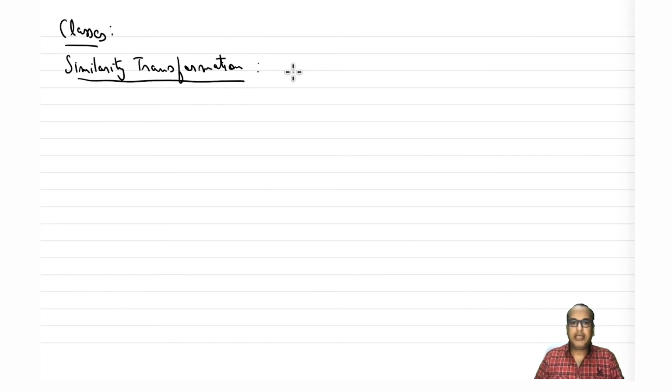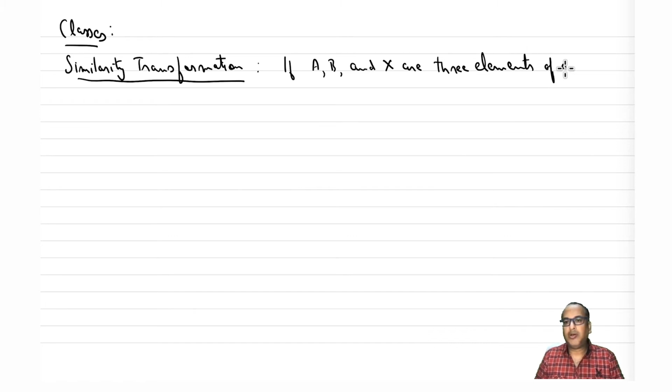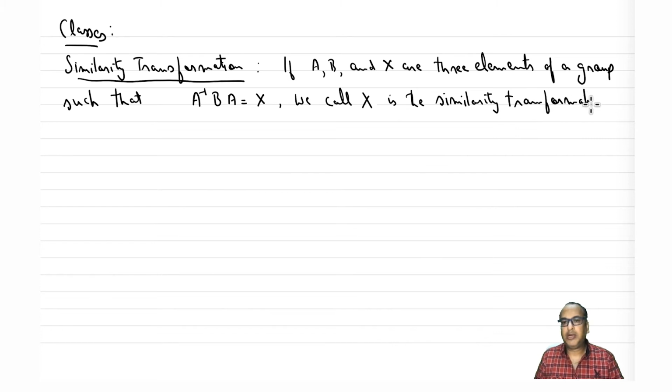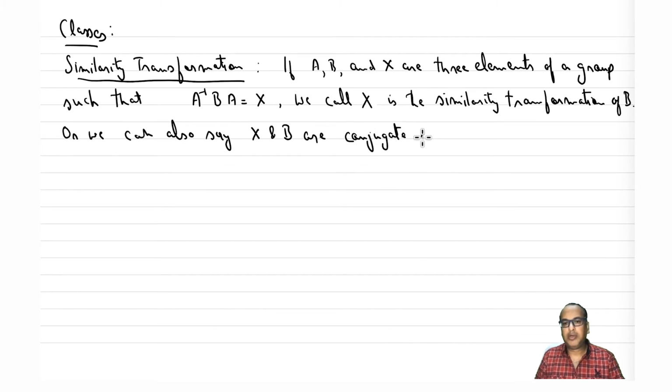So the idea is, if A, B, and X are three elements of a group such that A inverse B A is equal to X, we call X the similarity transformation of B, or we can also say X and B are conjugate to each other.